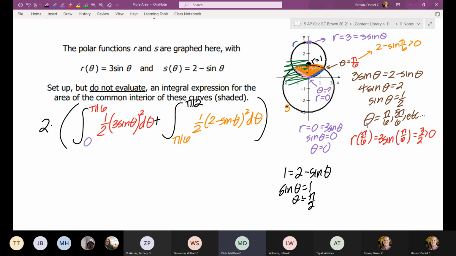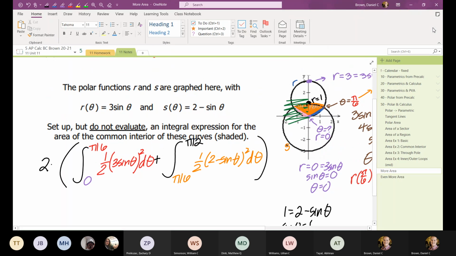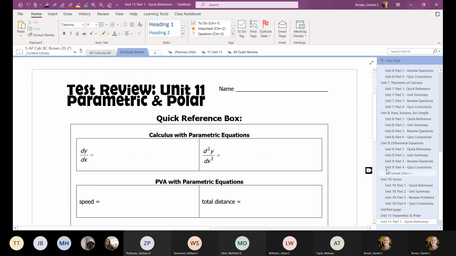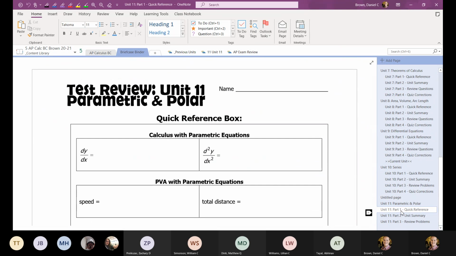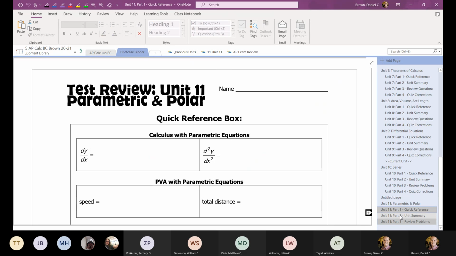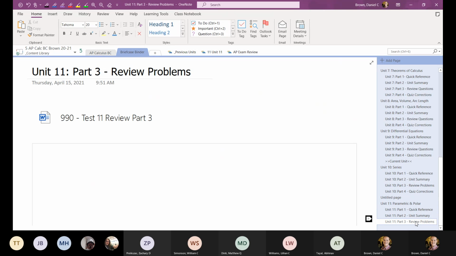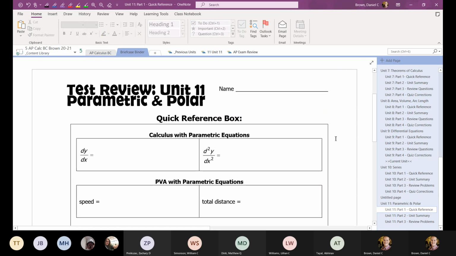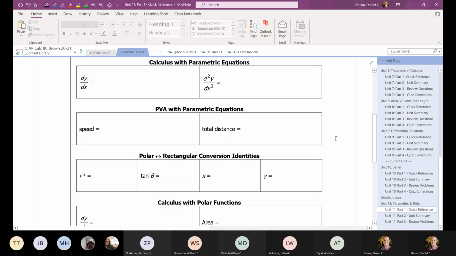All right. So I think a lot of this is you just need to practice. I did realize I shared the briefcase binder before I made a correction on it. I'm not taking it away, but I do want you to do the briefcase binder because I think they're useful. That's why I assign it. But there are no quiz corrections, of course. I do have the review problems and the unit summary, and I fixed the unit summary, but on the quick reference, I forgot to take off something.